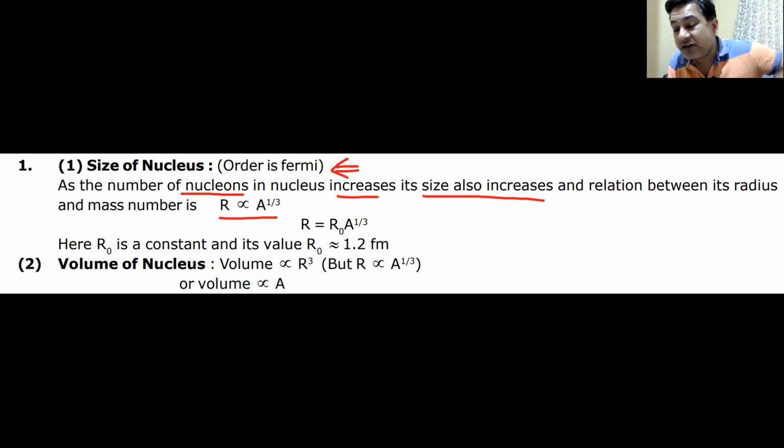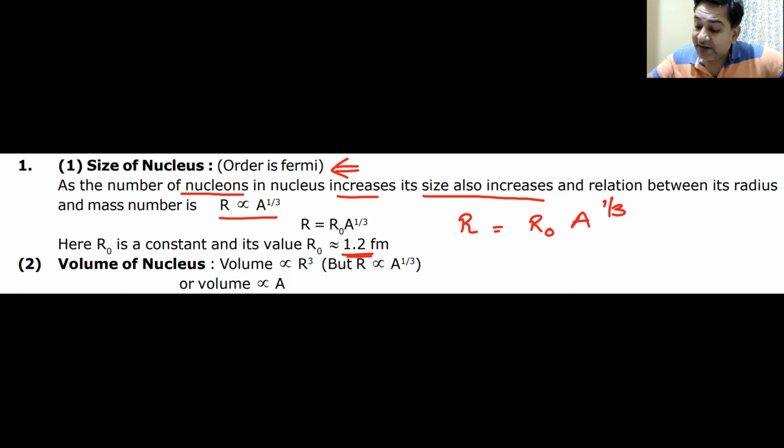Remember this, again a knowledge-based question which can come straight away in the examination hall. So I can write R, the radius of the nuclei, as R naught, which is a constant, times A raised to the power 1/3, where A is the mass number, and the value of R naught is 1.2 Fermi meter. Do we understand this? Yes, sir.